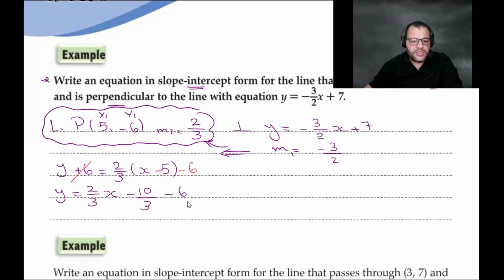You can replace 6 with a common denominator of 3: 6 over 1 becomes 18 over 3, because we need to solve this without a calculator. So the equation now is y equals 2/3x minus 28 over 3.